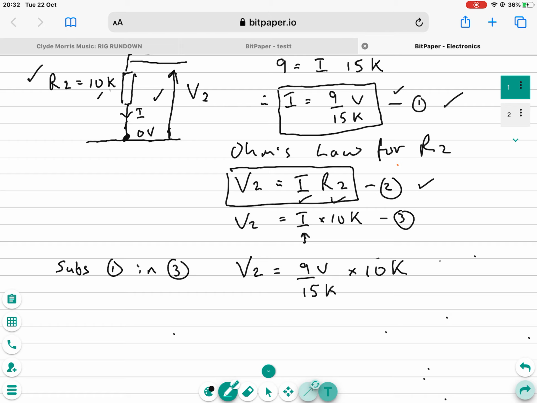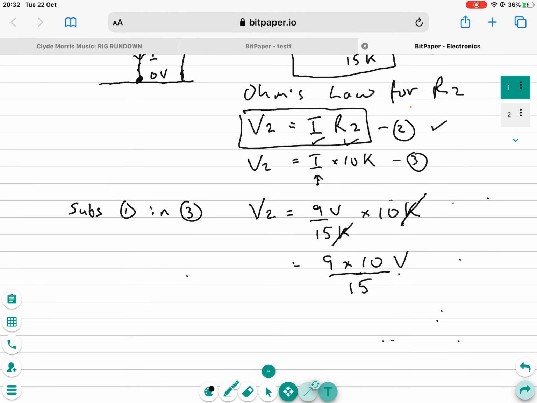All right, so all I need to do now is tidy up this expression for V2. The first thing I notice is that we've got k's top and bottom, so I'm going to cancel those k's. This is going to leave me with 9 times 10 volts over 15, we've cancelled out the k's.